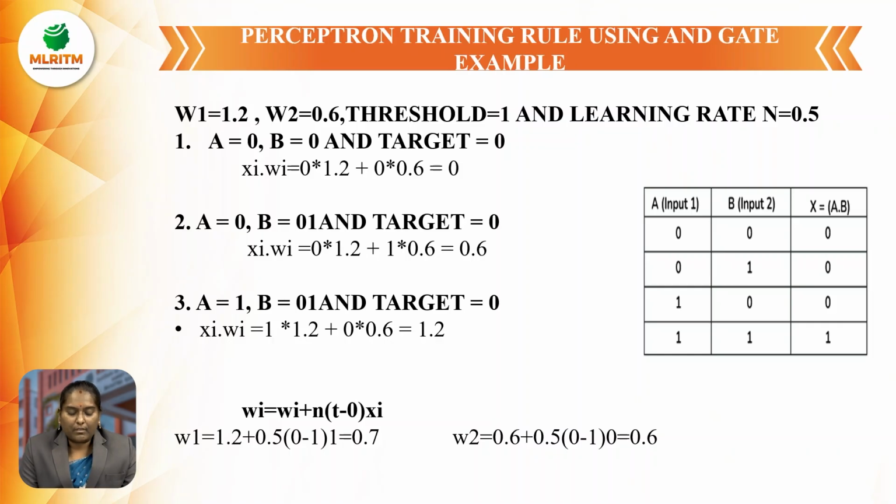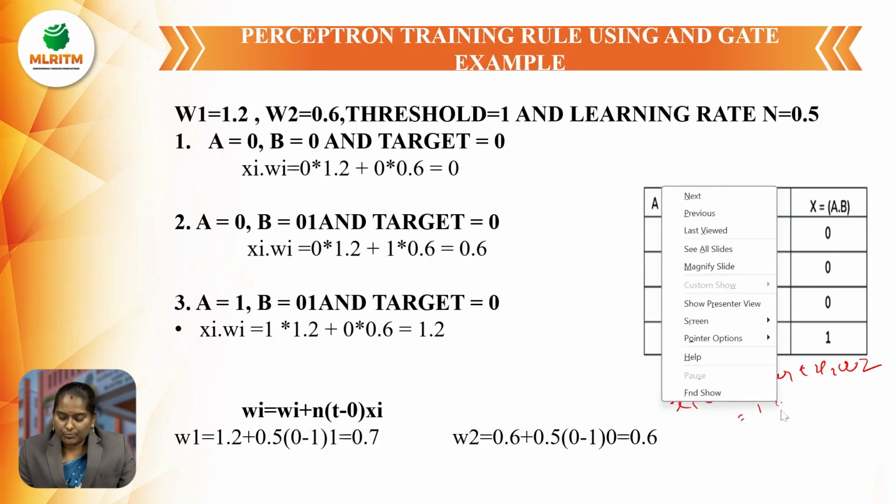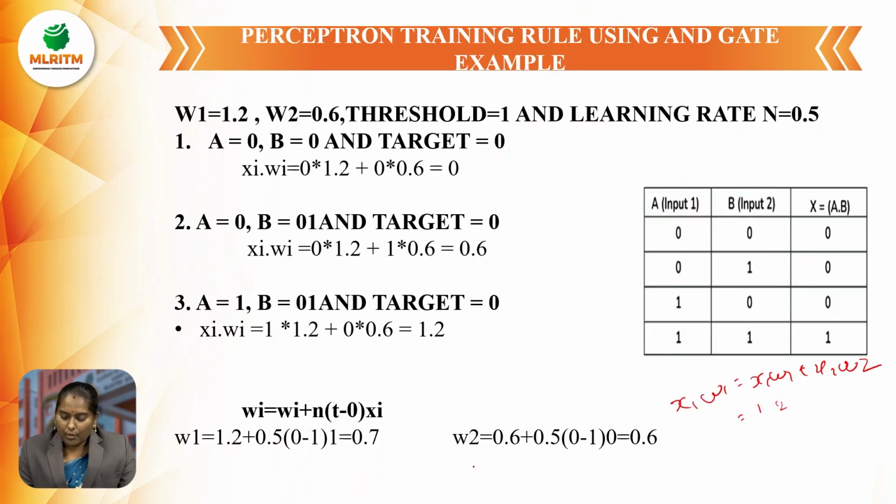In the first step, A equal to 0, B equal to 0 and target is 0. The formula is x1 w1 plus x2 w2, so 1.2 into 0 plus 0 into 0.6.